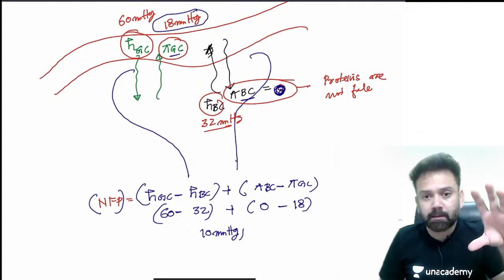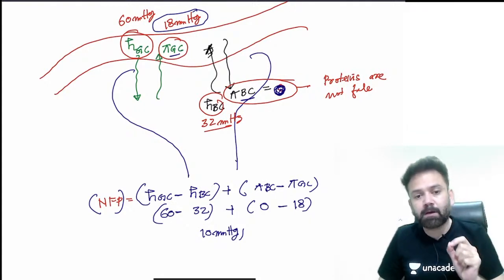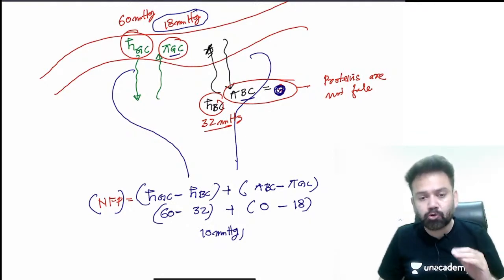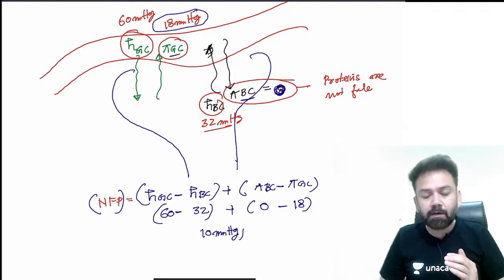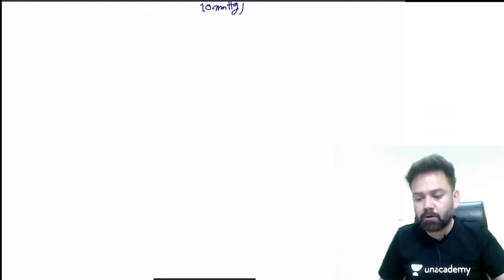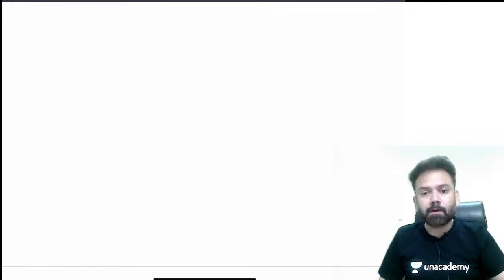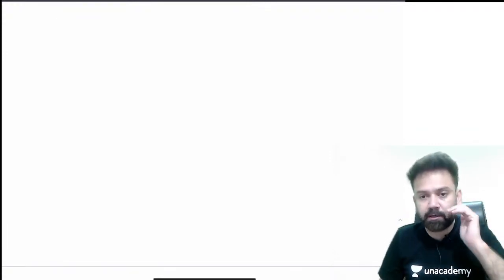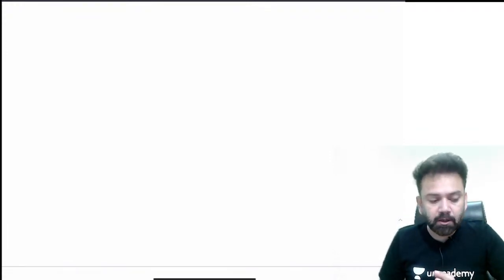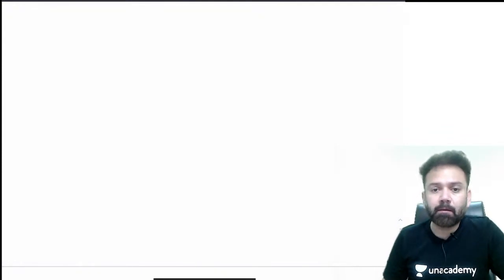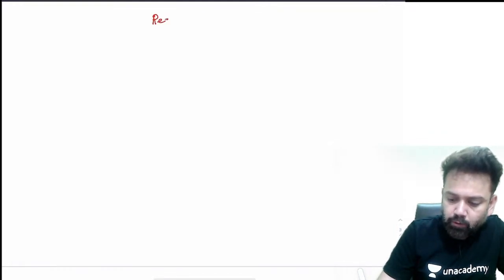But renal plasma flow remains constant. Even though the blood pressure keeps going up or down, your renal plasma flow remains constant. This is called autoregulation. There are many mechanisms by which GFR can be regulated, so let me discuss how GFR is regulated.